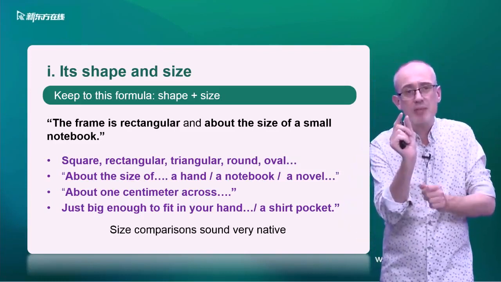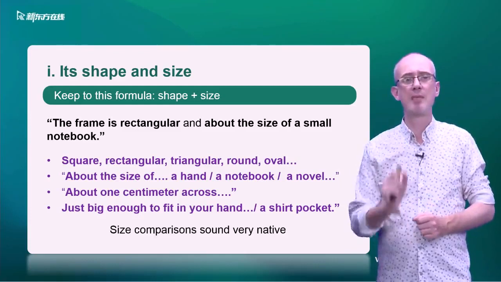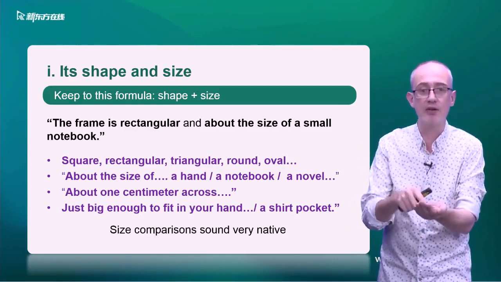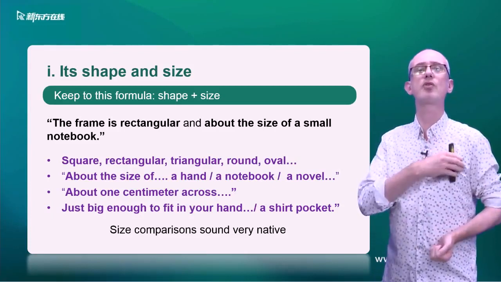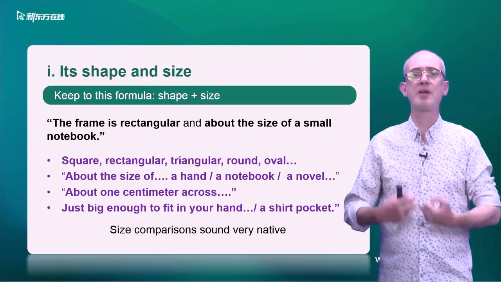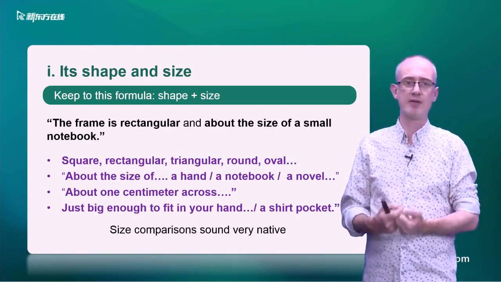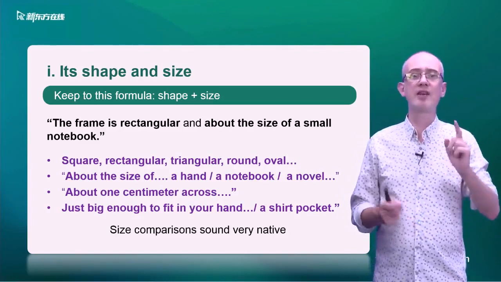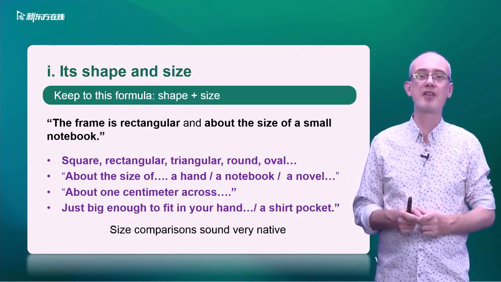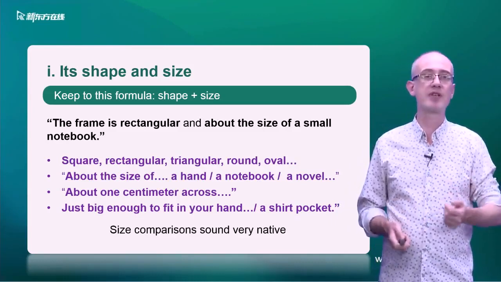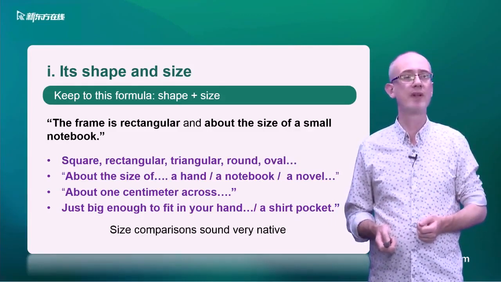About 1 centimetre across. Just big enough to fit in your hand. Just big enough to fit in your shirt pocket. So these are more native speaker comparisons, if you see what I mean. So copy these down. Think of objects which are more or less these sizes and how you can use them to describe them if that happens to come up in the test that you want to.